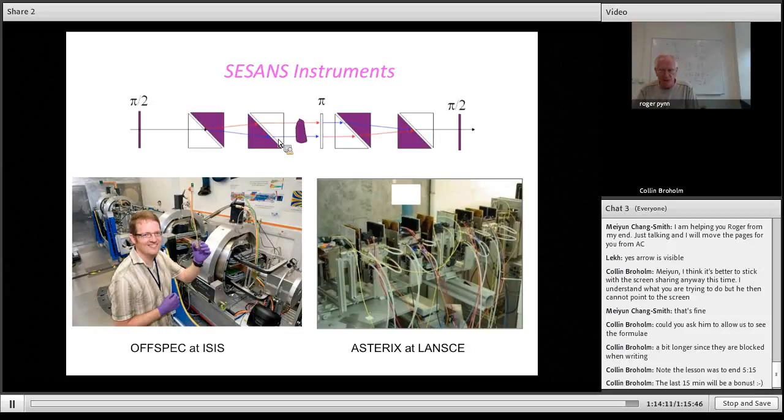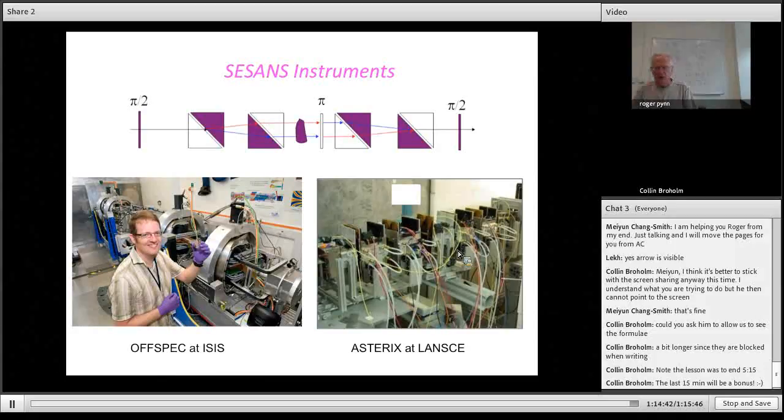Yeah, that's a good question. Papers are beginning to come out, especially from the ISIS instrument, because they do have a regular user program. And they're beginning to come out both on CSANS and on SESANS. Our group has contributed to that. The Asterix spectrometer, which is shown on the right here, is going to get some dedicated coils.